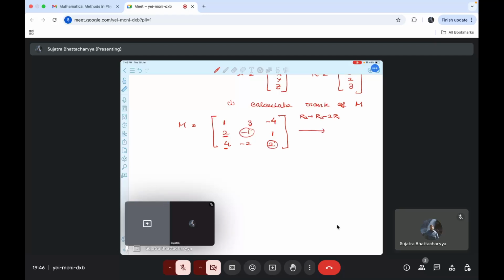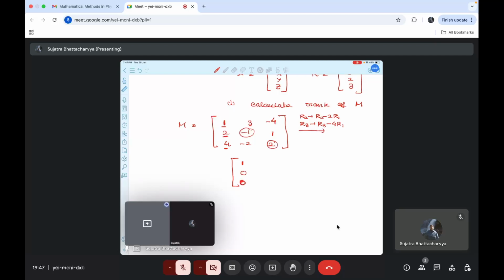So I already have a leading entry over here, 1 in the diagonal. All these others need to be 0. So I do R2, the second row, minus 2 times R1. If I do that, 2 minus 2 will be 0, so here it will be 0. Similarly, R3 has 4, so minus 4R1. If I do that, this becomes 1, 2 minus 2 will be 0, 4 minus 4 will be 0.